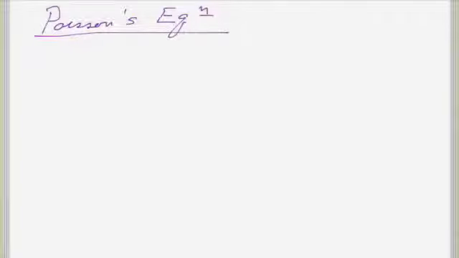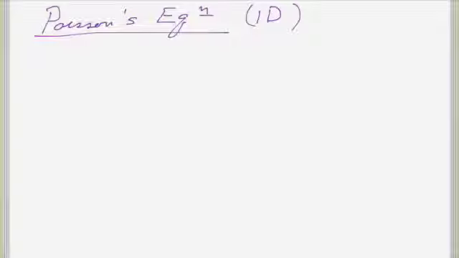Okay, so let's first ask, what is Poisson's equation? The way you usually see it written, we're going to do it in 1D for our examples.